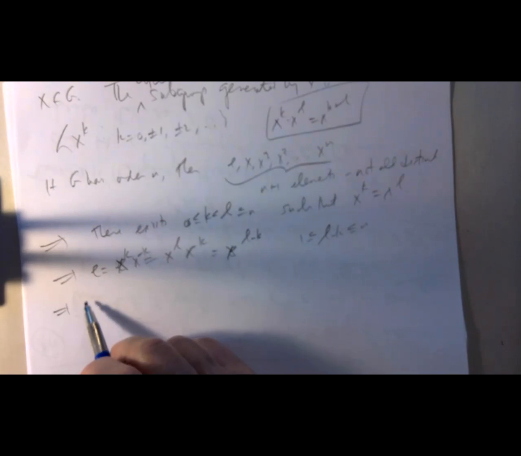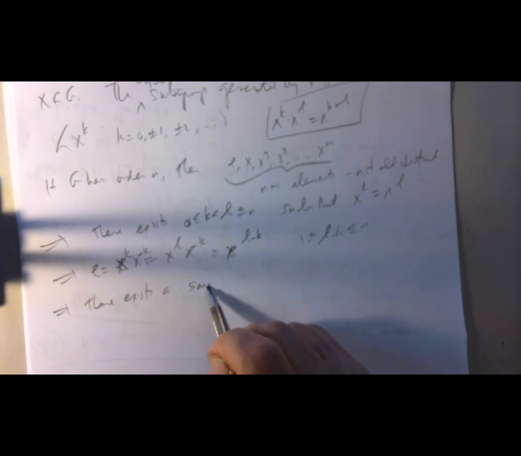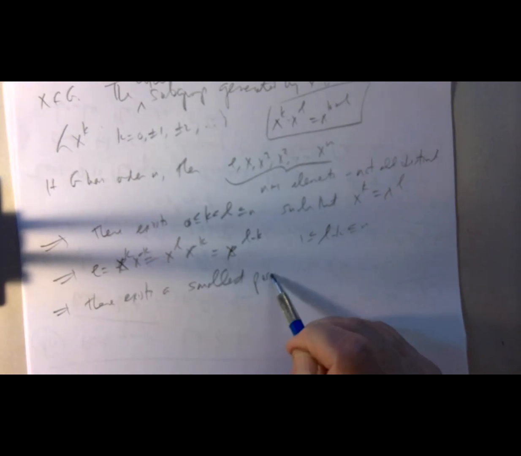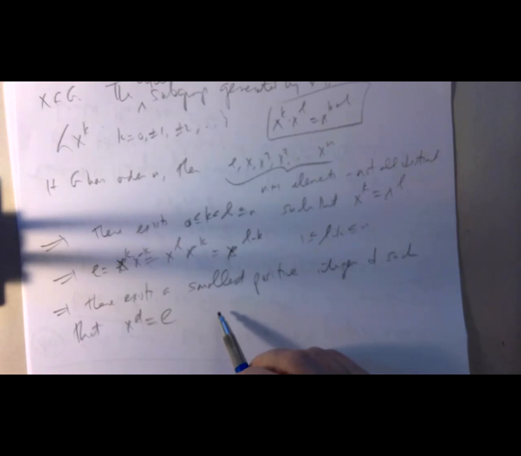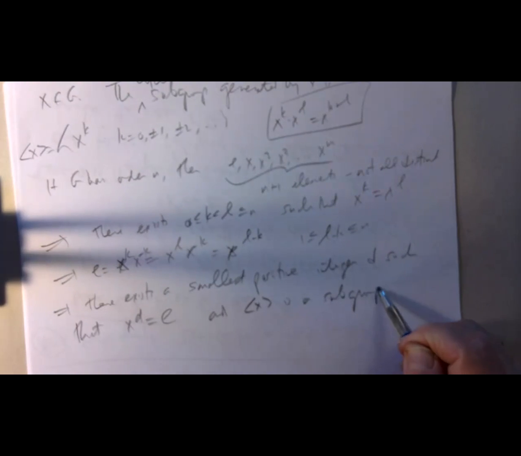So this means there exists a smallest positive integer d such that x to the d equals e. And so this cyclic subgroup, let me call this x with brackets around it, is a subgroup of order d.